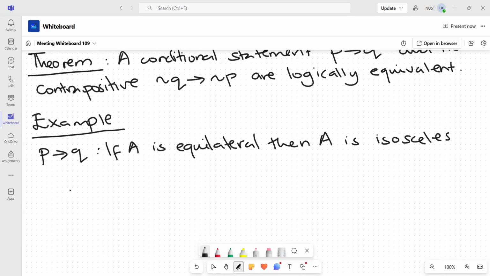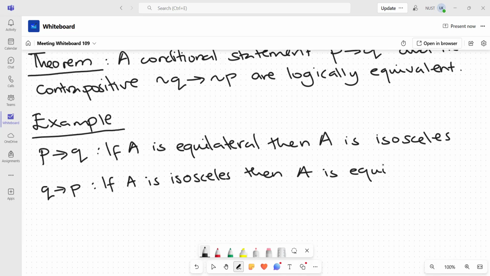And the converse, Q implies P, says if A is isosceles, then A is equilateral, which is not necessarily true.